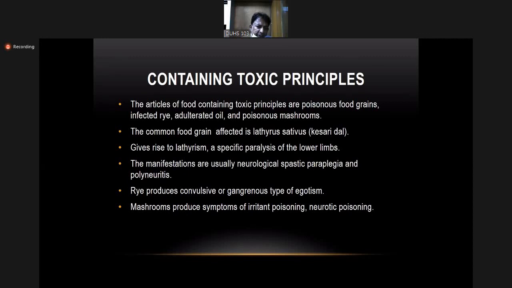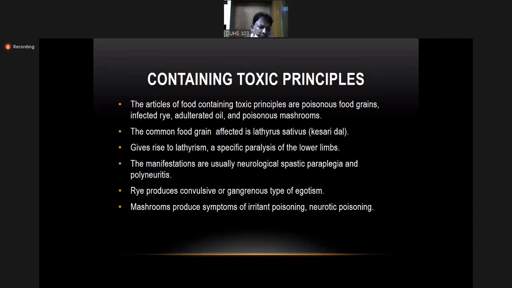The manifestations are usually neurological: spastic paraplegia and polyneuritis. So if the food itself causes poisoning, whether food grains, mushrooms, or altered oil, they cause polyneuritis and paraplegia.